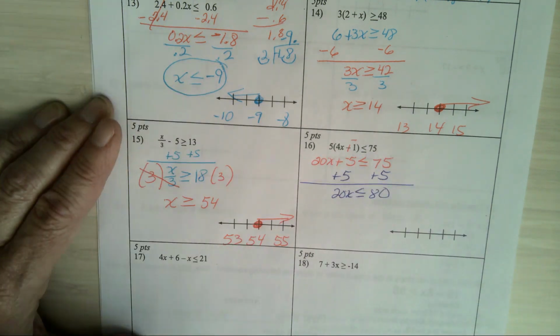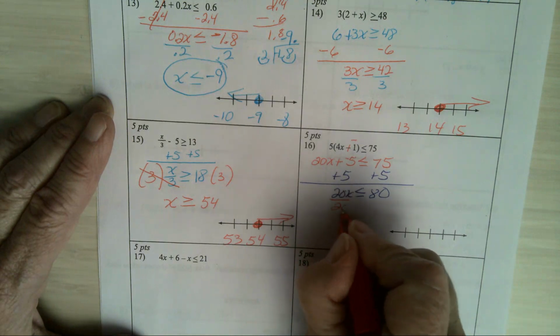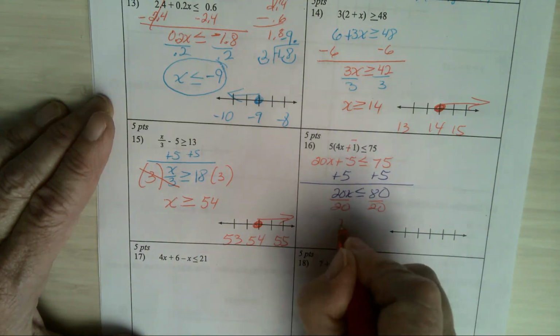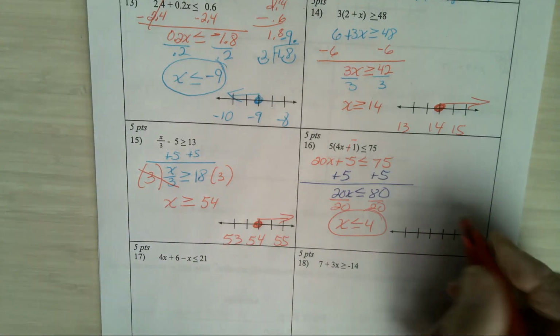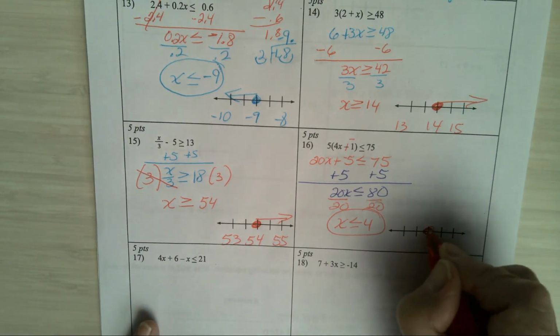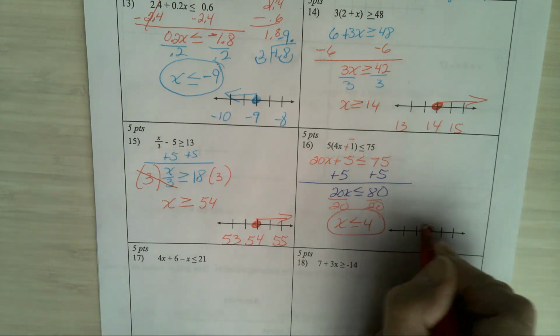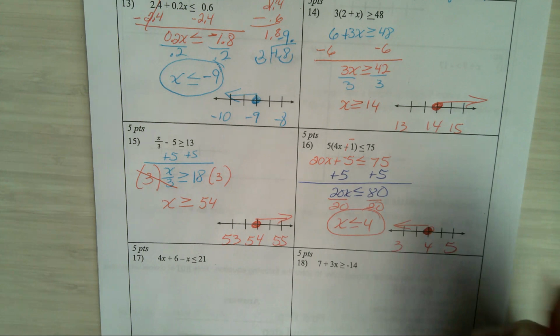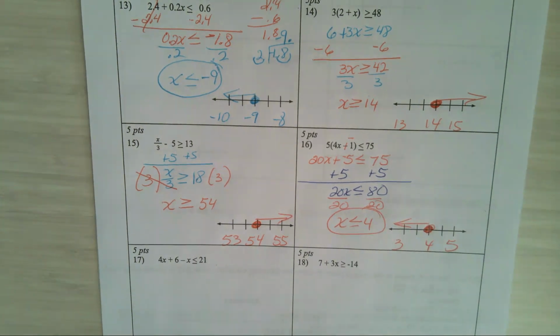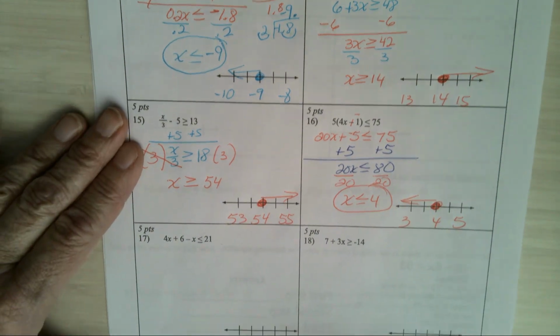Divide both sides by 20. And x is less than or equal to 4. You're going to have a closed circle. X has the little point, little numbers live left. Any questions? Let's go on to the next problem.